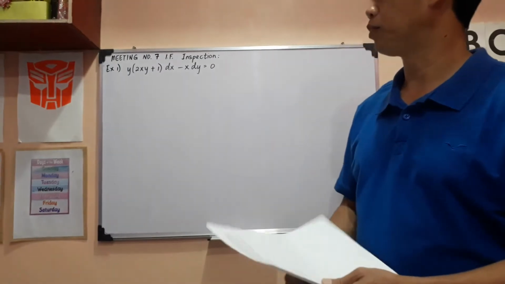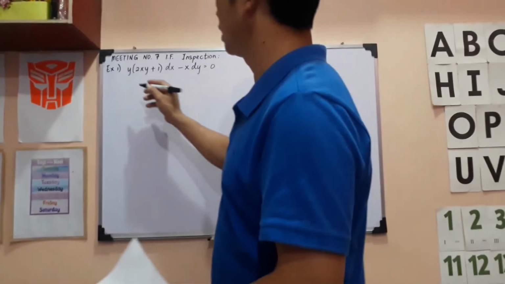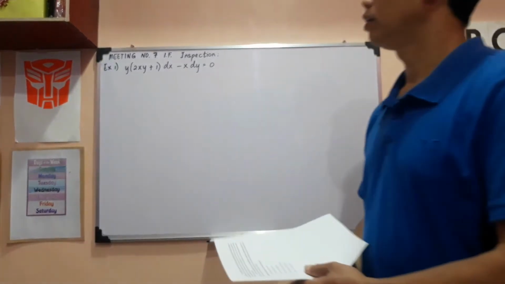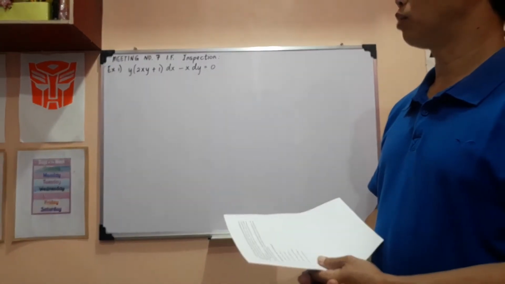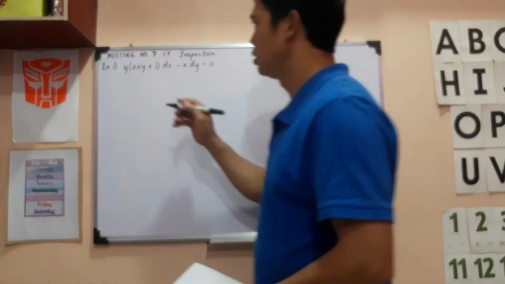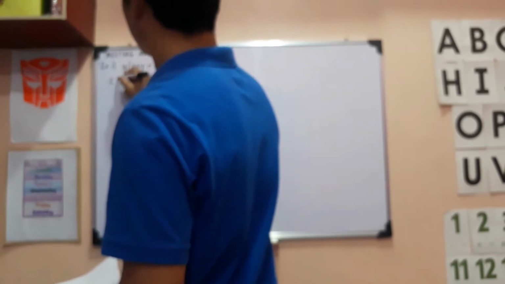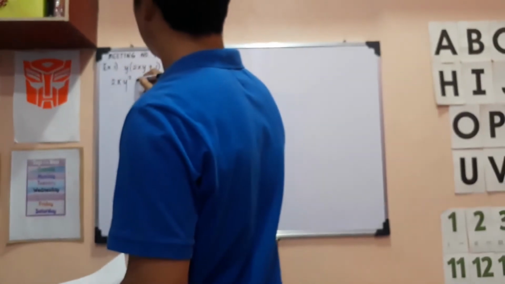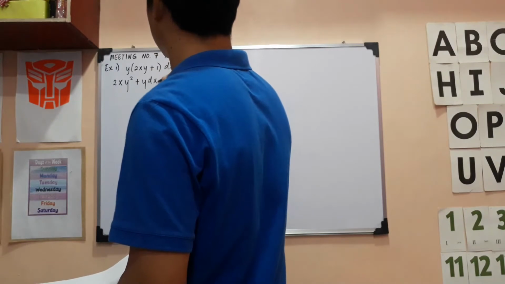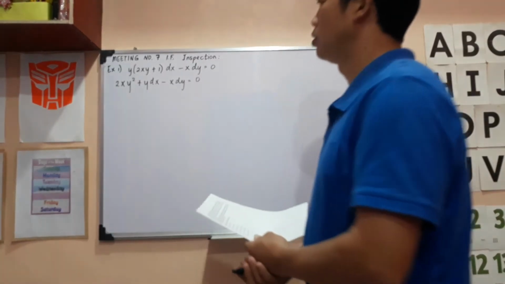For our example number 1, we have here, multiply muna natin y by quantity 2xy plus 1, and then dx minus x dy is equal to 0. We distribute y: we have 2xy square plus y dx minus x dy is equal to 0.